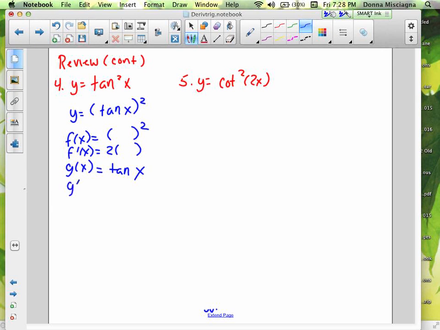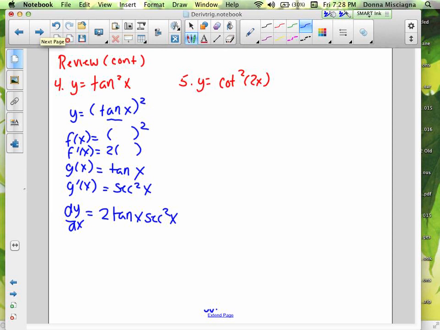Derivative of tangent x is secant squared x. And the derivative of the whole thing is going to be 2 blop. What goes in the blop is the tangent x. So 2 tangent x secant squared x. And we're done. All right?